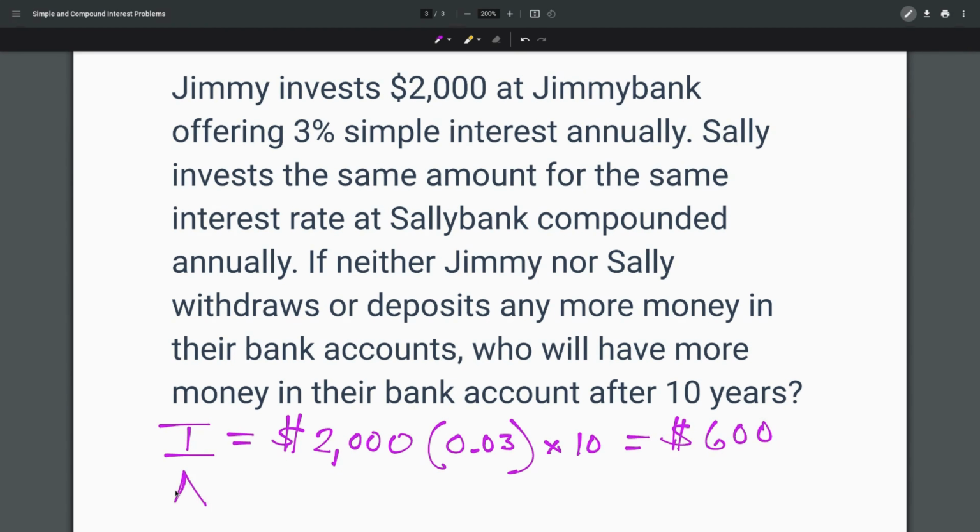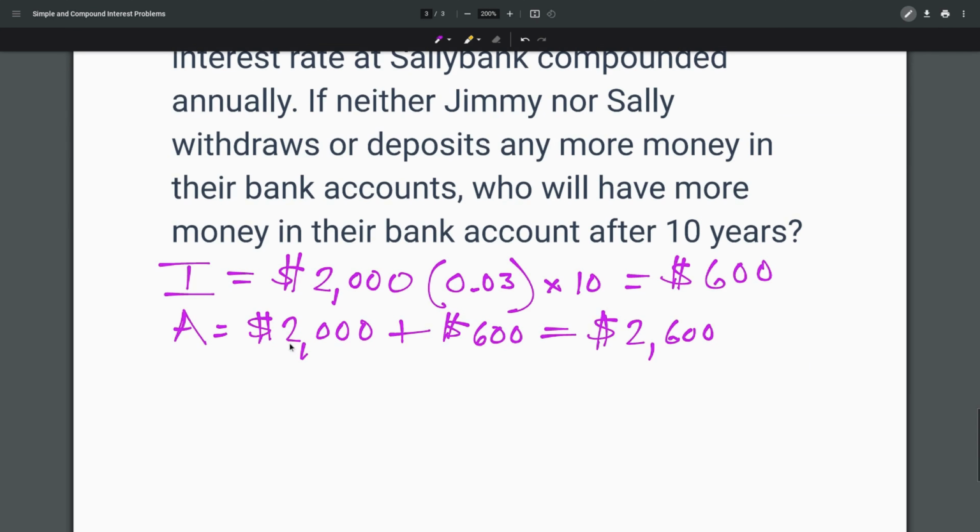So his total amount is going to be the initial amount invested, the 2,000, plus the 600. So that's going to be 2,600. Okay. Now that's for Jimmy.